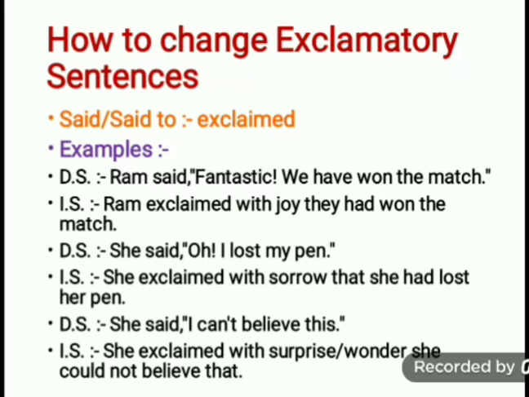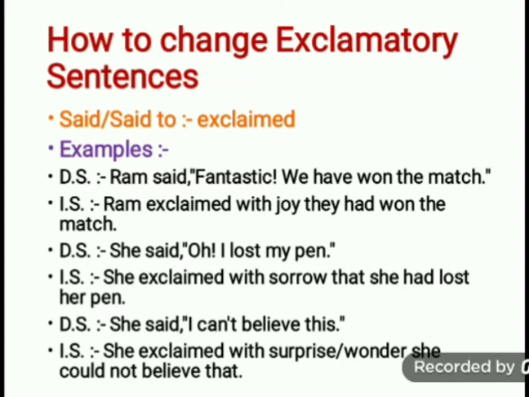Then have is an auxiliary verb of present perfect tense, so we will use an auxiliary verb of past perfect tense, that is had. Then won, then the, then match. So this is the way you can change exclamatory sentences into indirect speech.